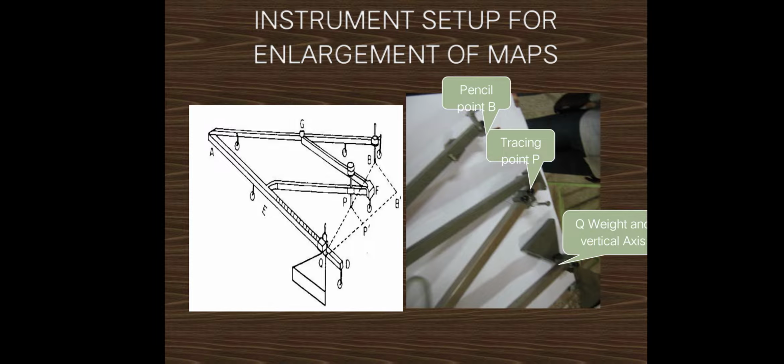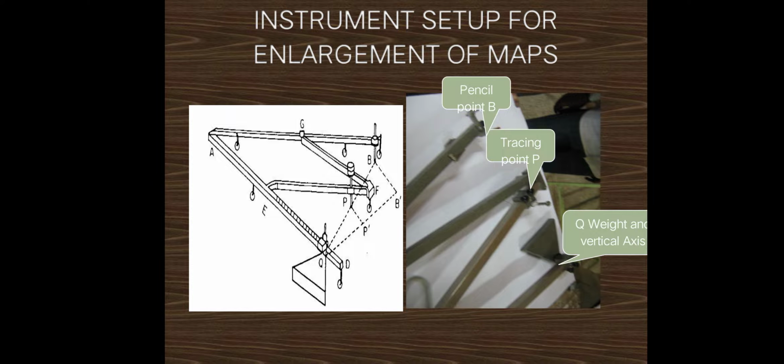Point P is the tracing point and B is the pencil point if I want to enlarge the map. Similarly, if I want to reduce, the position of the tracing point will be taken by the pencil and vice versa. One more thing you can observe here, from the left side of the figure, is that points Q, P, B will be in the same line.